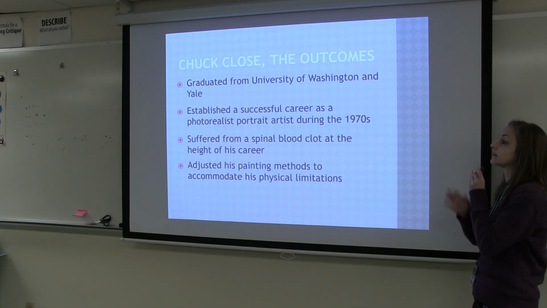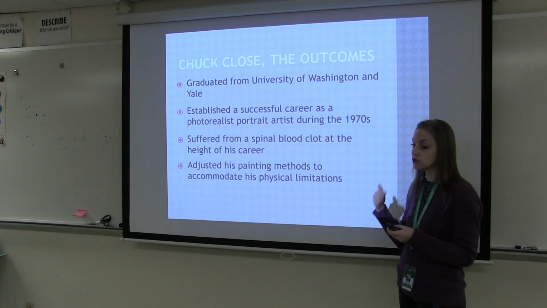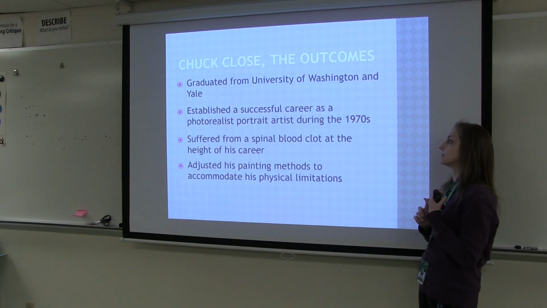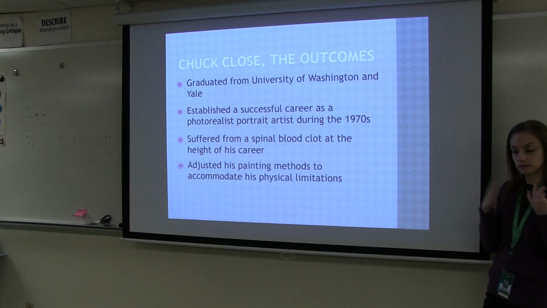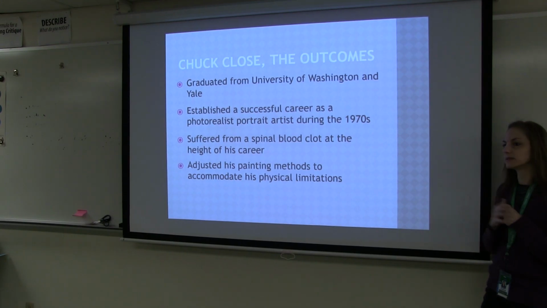And so eventually, once he was able to harness that visual ability and translate it to ways that worked for him, he was able to graduate from the University of Washington and from Yale, which is a pretty big deal, right? Even people who do not have learning disabilities sometimes might not be able to achieve that.